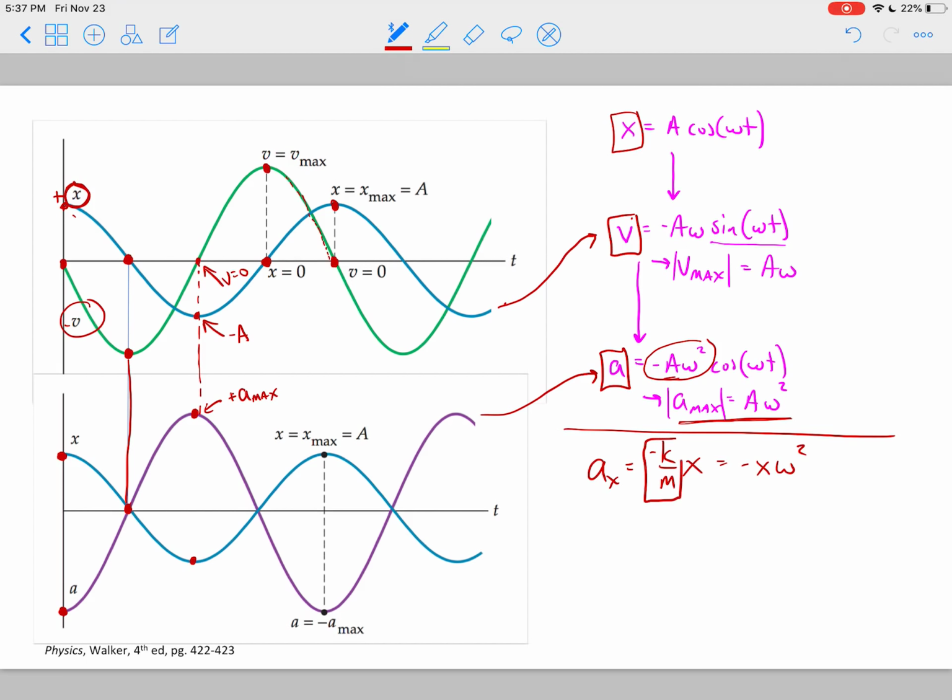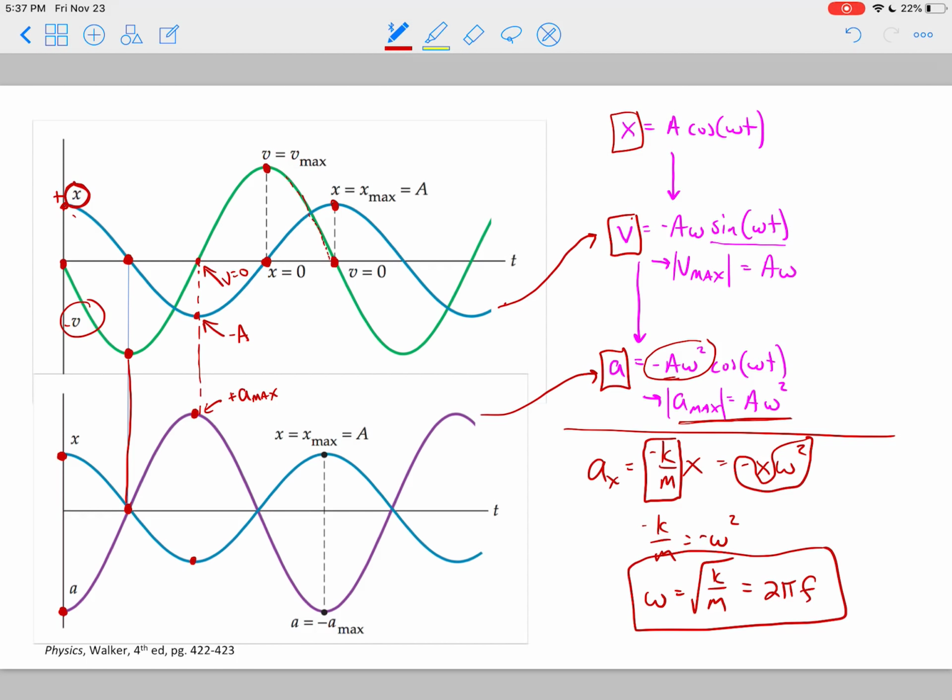So just comparing those two equations, that means that this is equal to that. So negative k over m is equal to negative omega squared. So the negatives cancel each other out, and we can say that omega is also equal to the square root of k over m, in addition to being equal to 2 pi times the frequency.